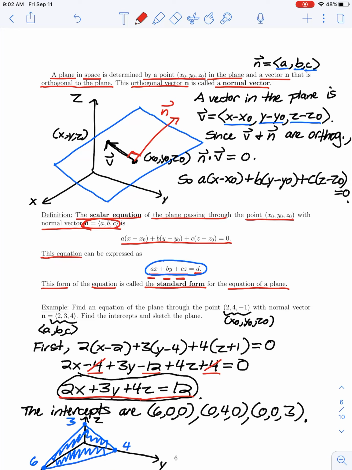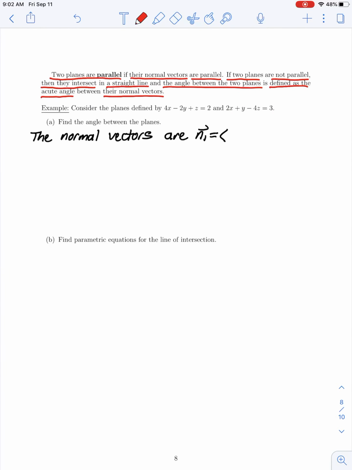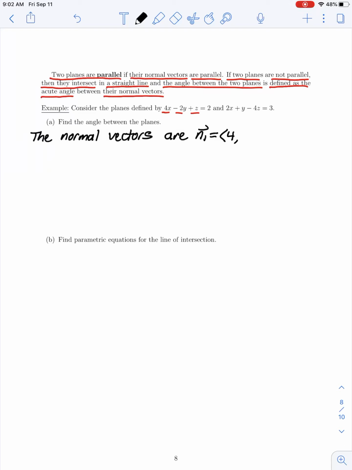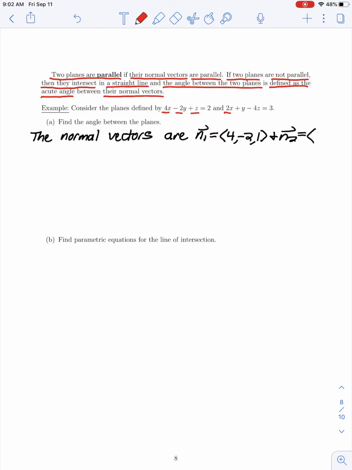So if you have the standard form for the equation of a plane, you can find your normal vector immediately. So for our first plane, we would have a normal vector of 4, -2, 1. And for the normal vector to the second plane, we would have 2, 1, -4.